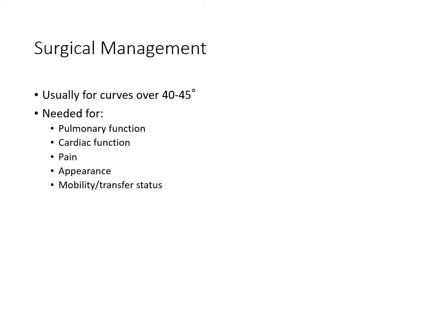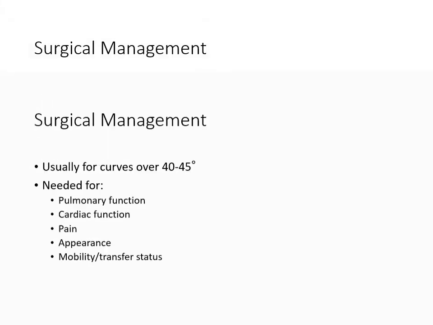So the surgical management may be needed for those reasons, to maintain pulmonary function, cardiac function, and if it is severe, the child may have pain, and also the appearance, if it is too bad a curve, how they look, as well as how they walk, their mobility, everything is disturbed there, and the body image is disturbed. So those patients would need surgical management.